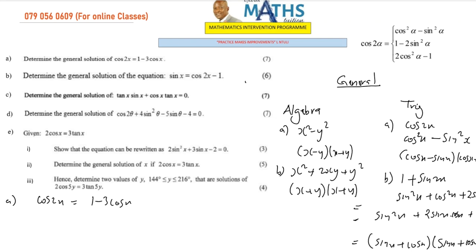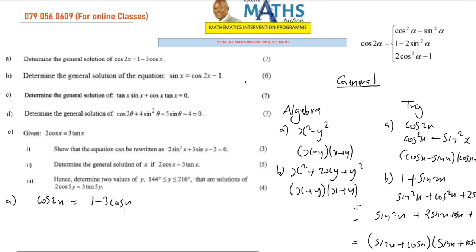Because on our right hand side, we have 3 cos x. It means I need to choose something that will lead me to be written in terms of cos, which is number what? Grade 12, yes, I can see that you are choosing number 3, because number 3 is 2 cos squared x minus 1.